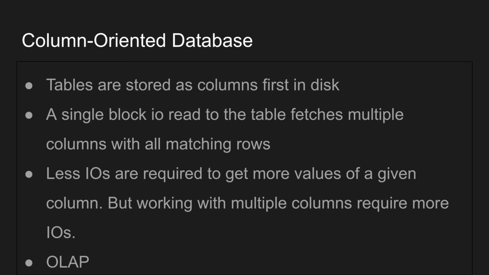And then once the last value of the first name is done, they start with the second one, last name, and so on. So you might say, oh, why are we doing this? And we're going to come to that.